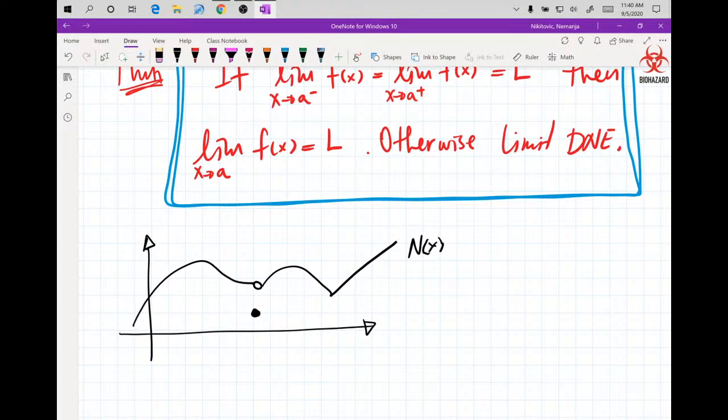Actually, you know what I'm going to do? I'm going to take this piece and drop it down. Like that. So let's pick that as A, pick this as B, and pick this as C.